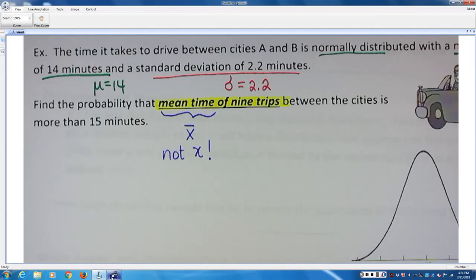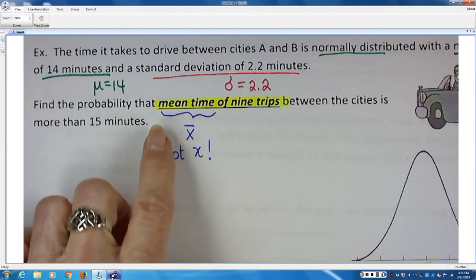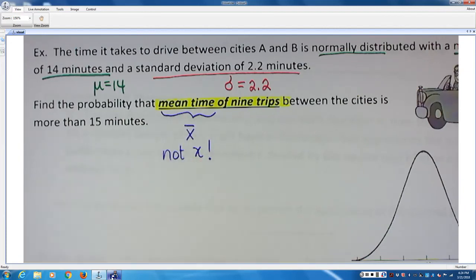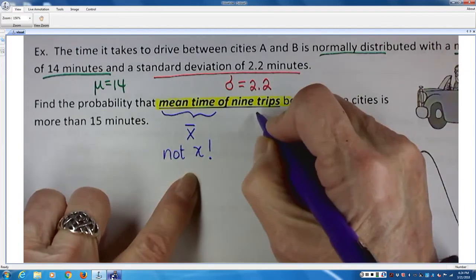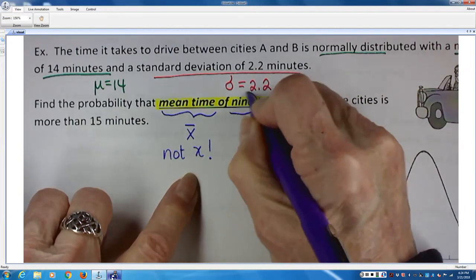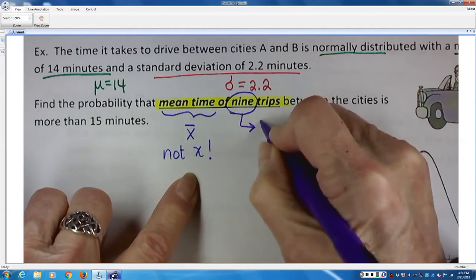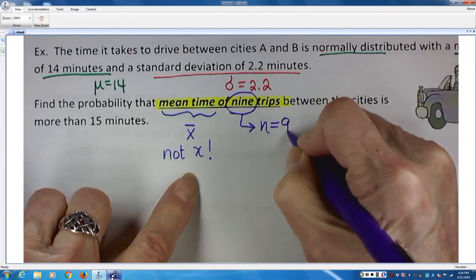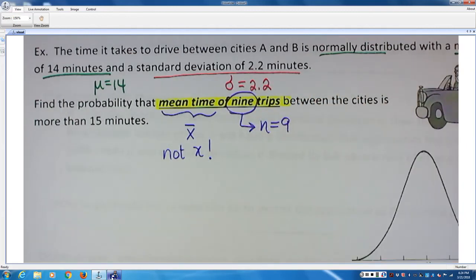X bar, not X. The sample mean, the mean time. The other one says find the probability that a trip, 1 trip. This one says find the probability that the mean time, X bar, of 9 trips is more than 15 minutes.